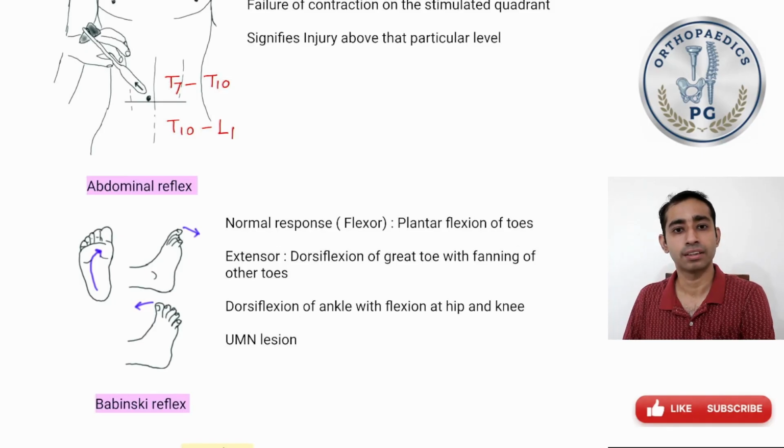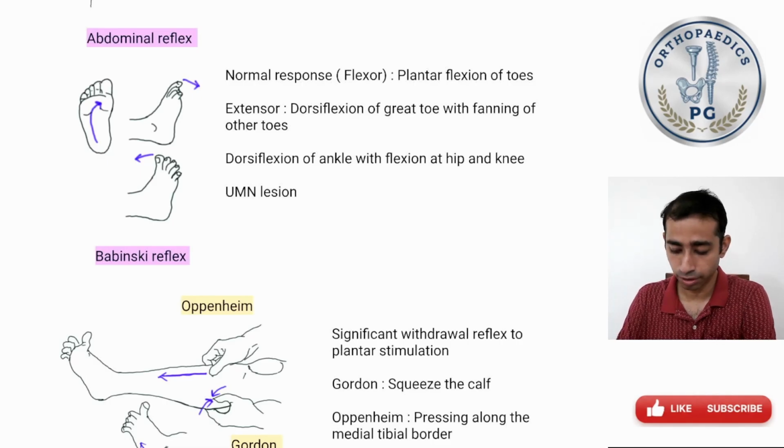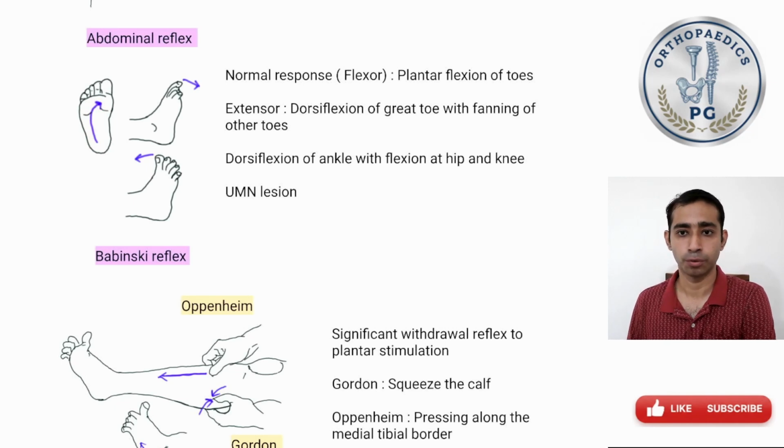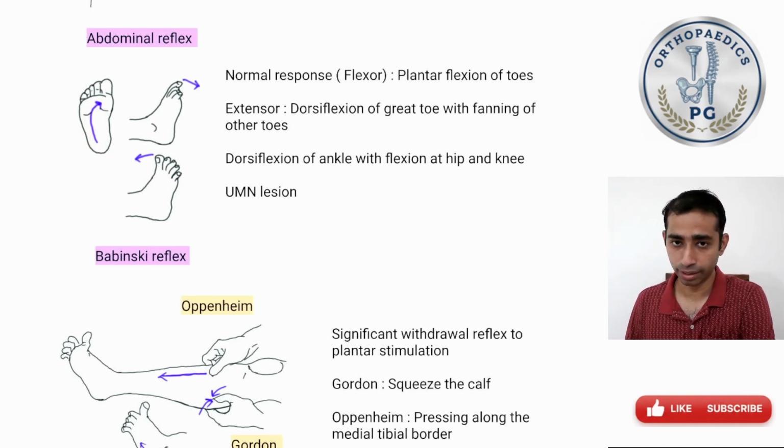The next reflex is the Babinski reflex. In Babinski reflex, the foot is stroked along the lateral margin up to the ball of the great toe. Now you can do it with an object like a key, blunt object like a key. The normal response, which is also called as the flexor response, is plantar flexion of the great toe and the other toes.